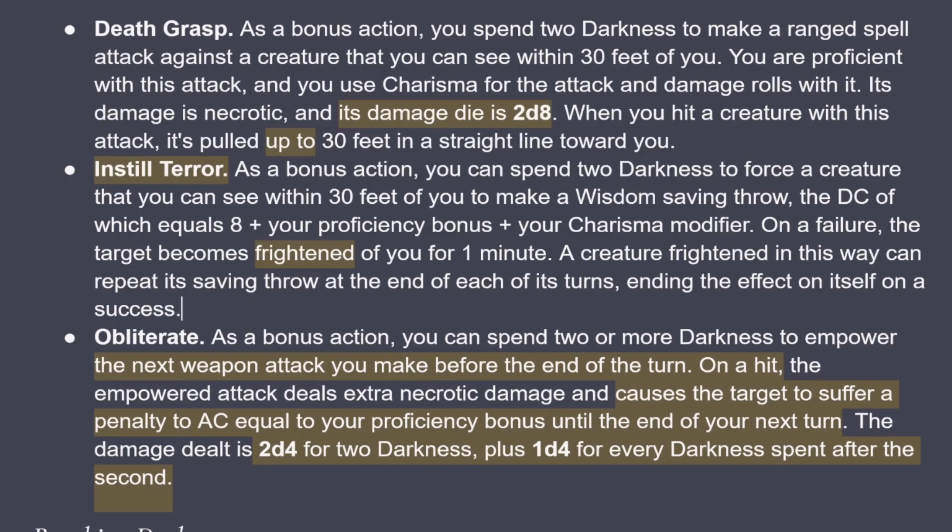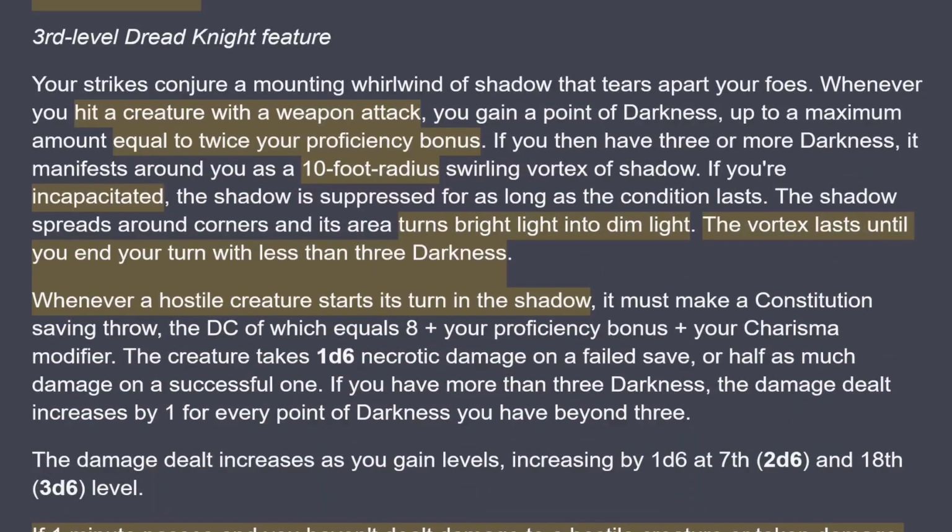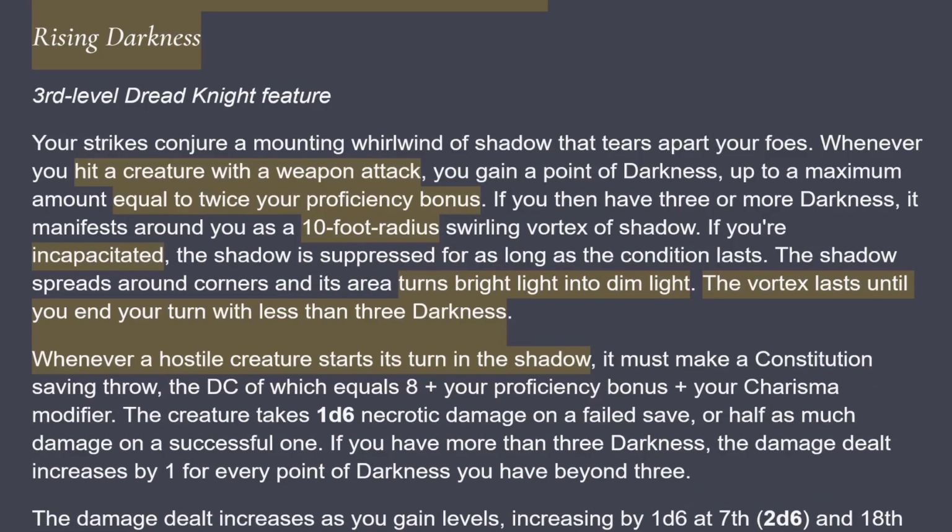In fact, I really thought instead of the d6s, the Rising Darkness feature maybe would scale a little better if they were d4s instead of d6s. And that might be the solution to all of this, is just nerf this a little bit so it's not so overwhelmingly the best possible thing you could do once you pass level 5, and especially past level 7.